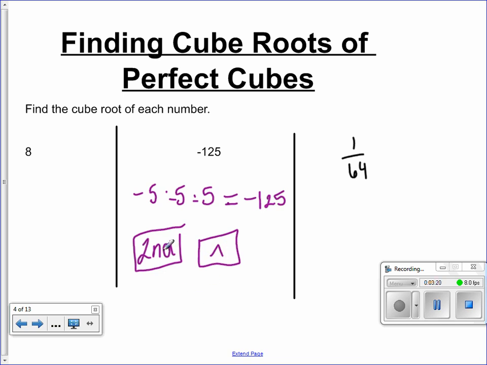So if I want to use this function, I'm going to type in the number 3, since I'm finding the cube root. I'm going to put in the second function and the up arrow key. And I'm going to type the number that I'm looking for the cube root of. So negative 125.